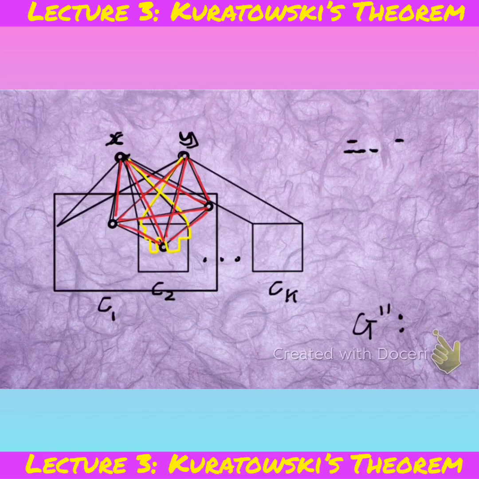That is a subdivision of K5. You can easily see that because that edge used to be there, and now we've deleted it and replaced it with the yellow path. So that is a subdivision of K5, which is going to be a contradiction, because now we're saying that G has a subdivision of K5 as a subgraph.